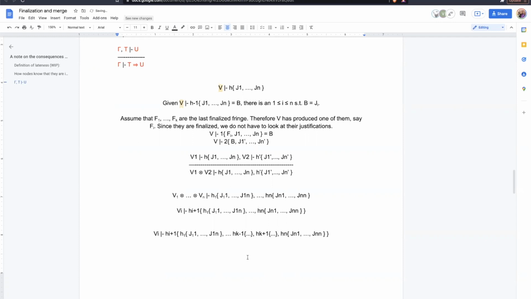So let's say that it's missing HK, right? So there's a hole. So in that sense, VI at HI plus 1 doesn't see what the network saw.